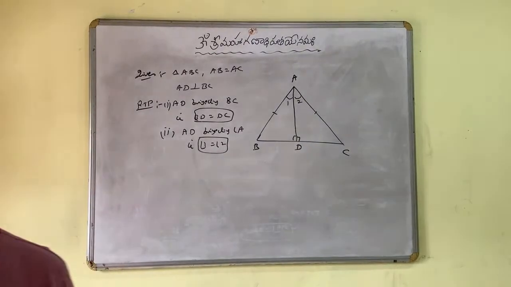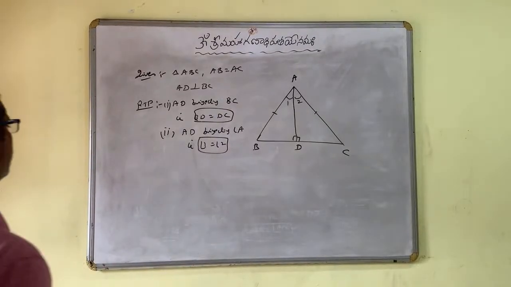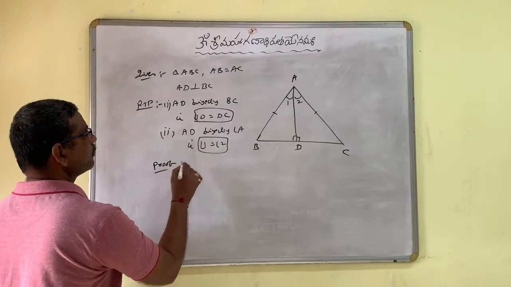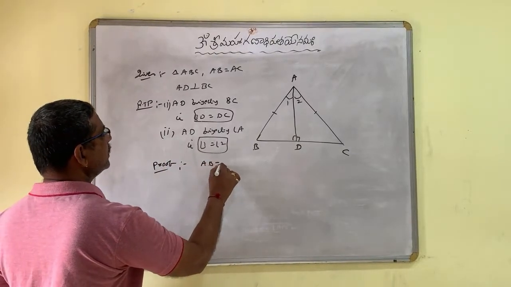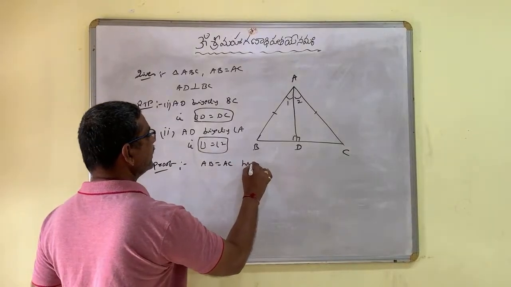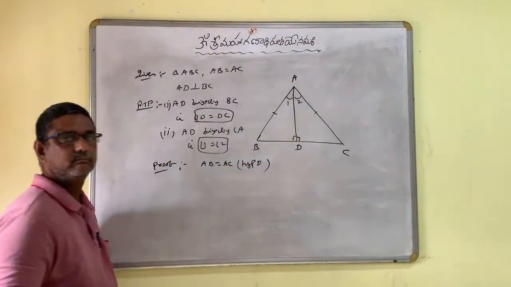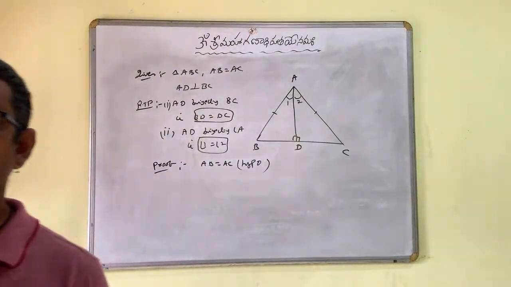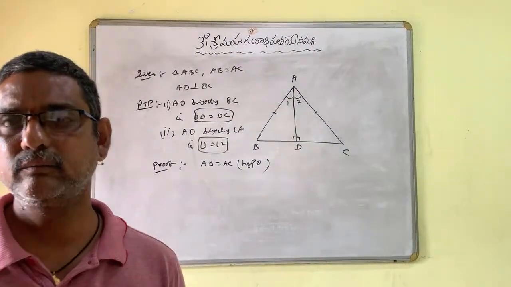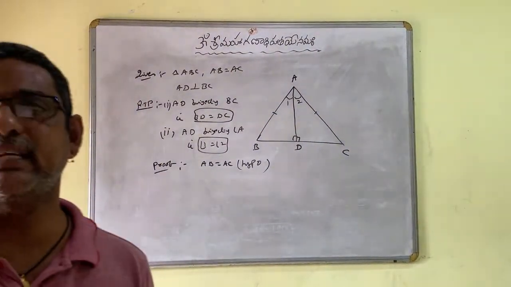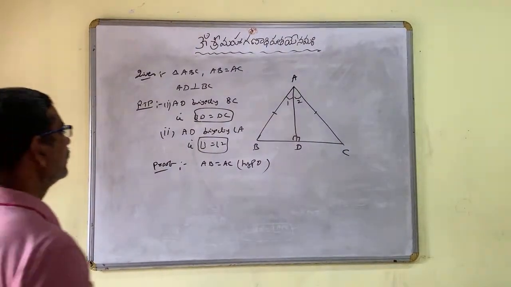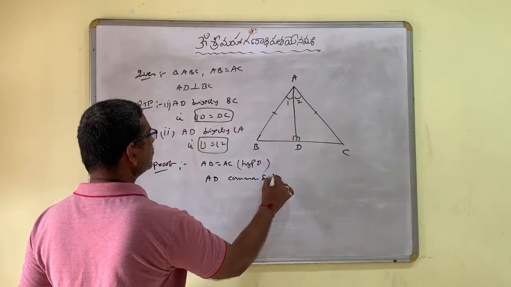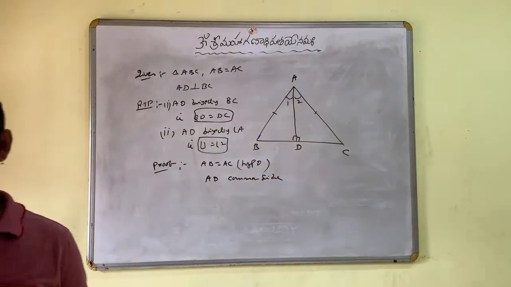Yes, RHS is correct. How? See. Proof. AB is equal to AC, hypotenuse. AD, common side.